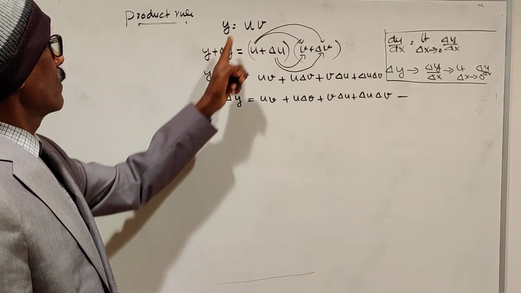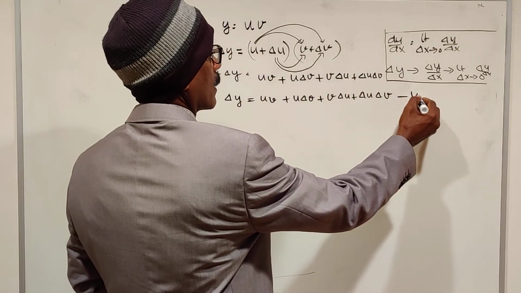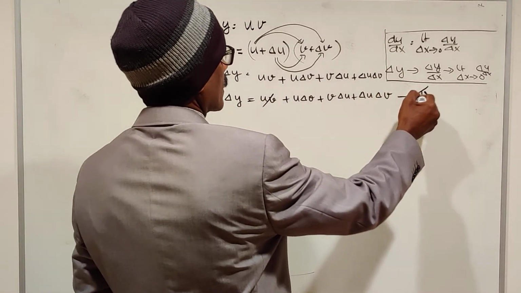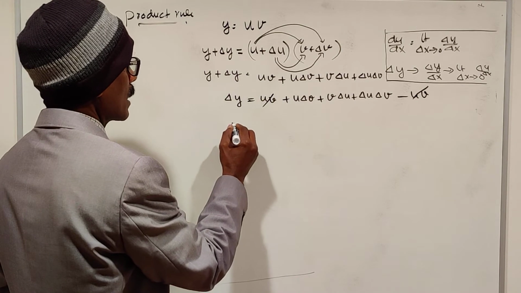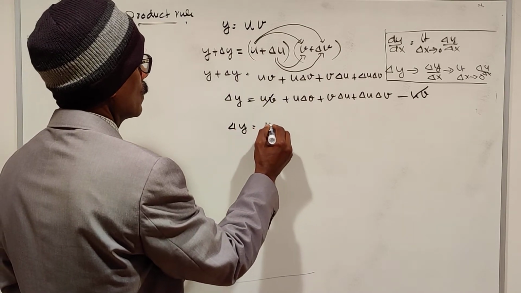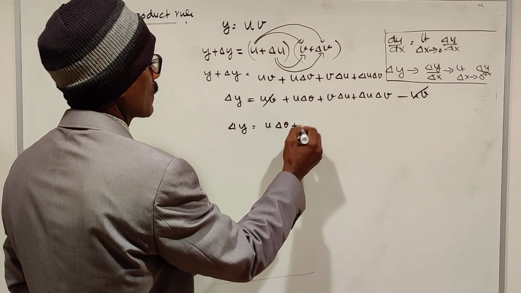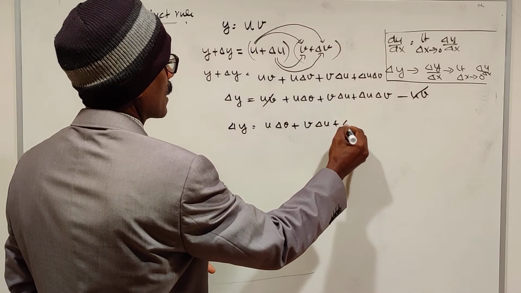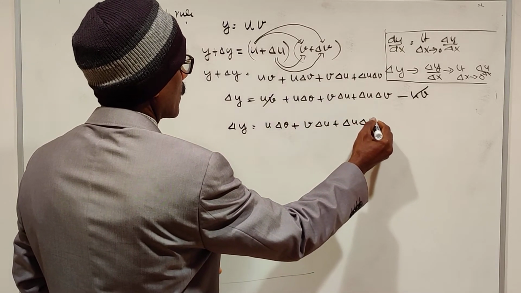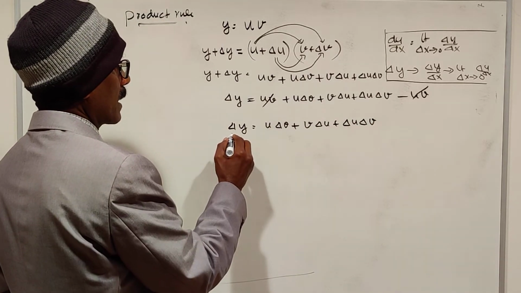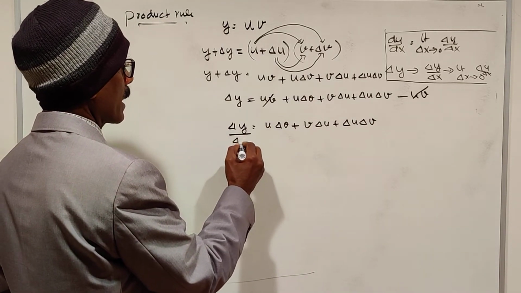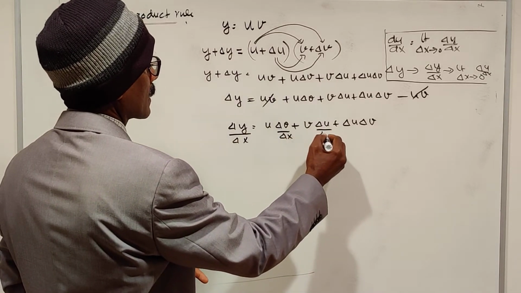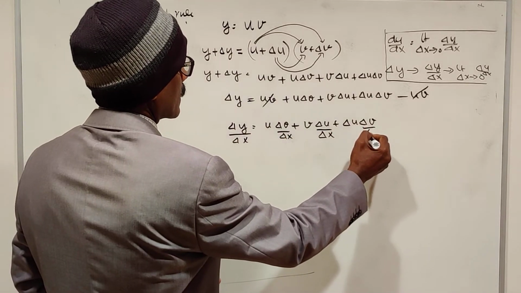What is y? y is uv. See, uv gets cancelled. So delta y equals u delta v plus v delta u plus delta u delta v. What is next? Dividing throughout by delta x.